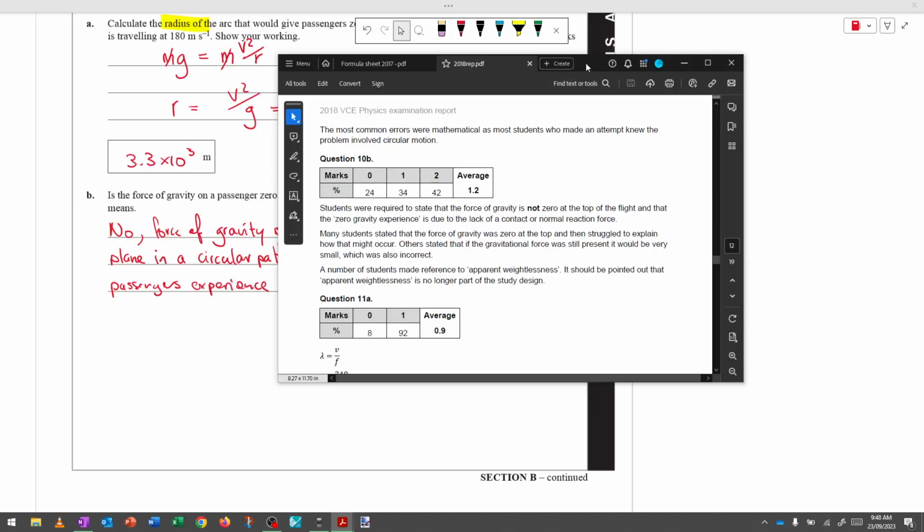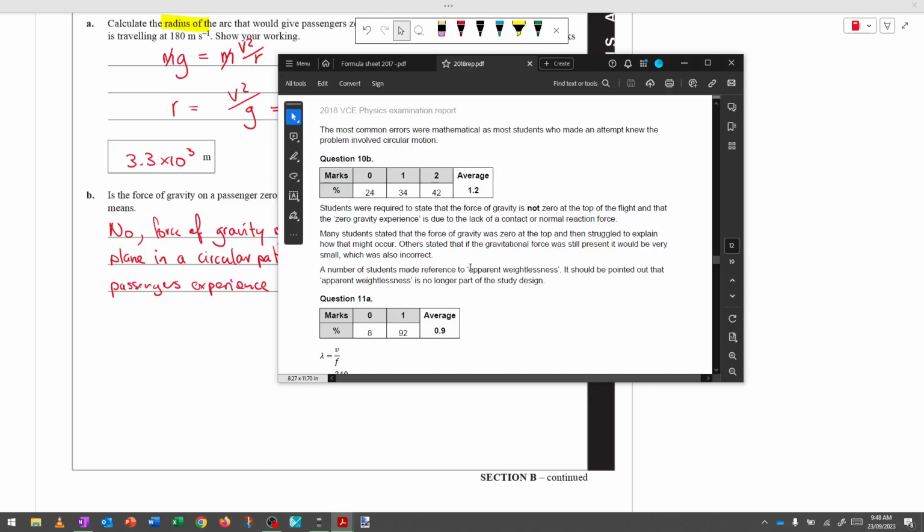So gravity basically exists everywhere in the universe. You have to be infinitely far away for it to be zero, or there just has to be nothing else in the universe for there to be zero gravity, but even that's problematic, but we won't go there. Others stated that if the gravitational force was still present, it would be very small, which is also incorrect. You've got to go very, very far away from something for gravity to be zero, or basically zero.